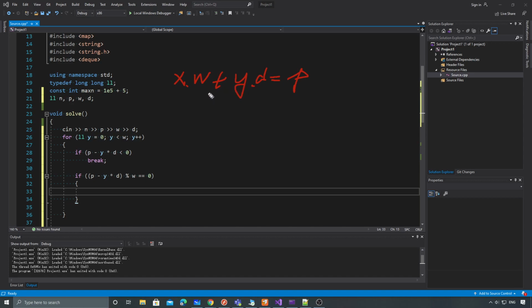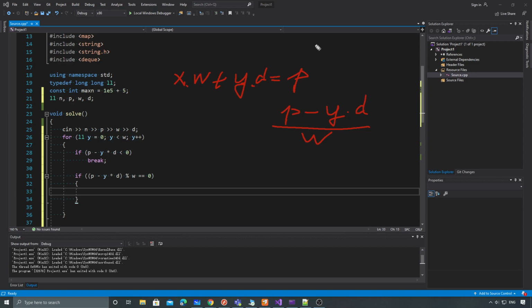And then for each of them, we check if P minus Y times D can be divided by W. If it is, then with the first answer, we know we have found the best answer, because one more thing is that the smaller the Y is, the better the answer is. Okay, because as long as we can find the first answer, starting from zero, that will be our best answer.